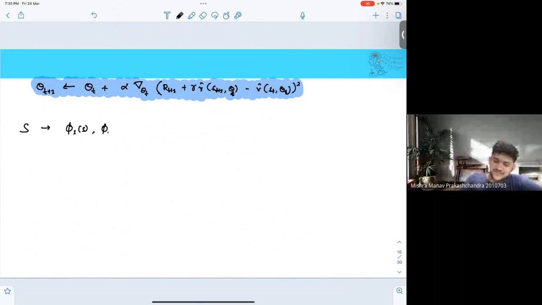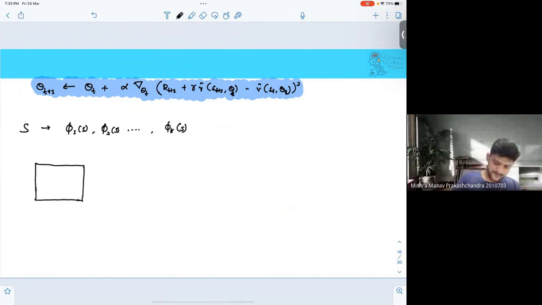So I have phi_1 of S, phi_2 of S, dot, phi_k of S. This state representation or state parameterization is done by parameter phi that tells me how well a particular state could be represented. Just to give you an example, let's say I have a grid world. Okay, so I have a 3x3 grid.